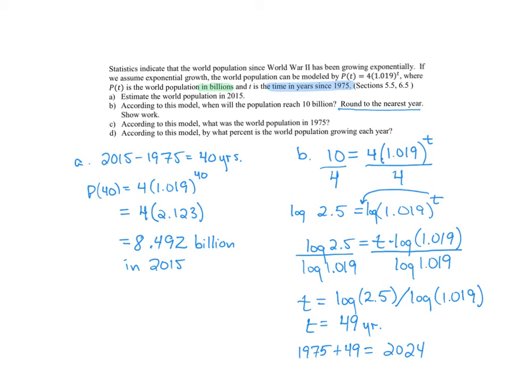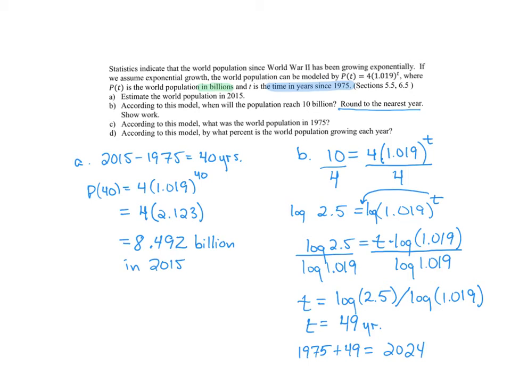Okay, so that takes care of A and B. For C, we have, according to this model, what was the world population in 1975? And so remember that 1975 is year 0. So the question is, what is the y-intercept? Well, remember that when we talked about how to create these equations, we said that the number in the very front, the one that does not have the exponent, is our y-intercept.